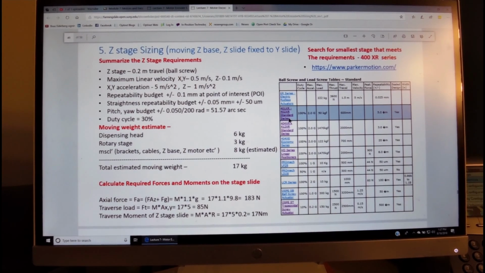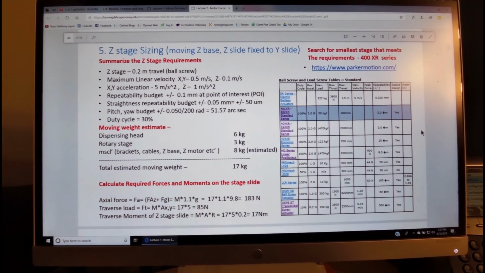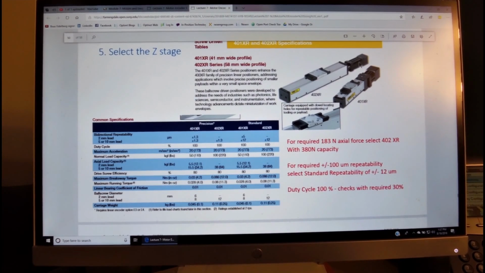We go to the catalog, and we choose the smaller size stage that we feel will meet the specification. We see over here that the maximum travel of the 400 series XR seems to be suitable, so we could click on that link and go down and see the details of this stage.